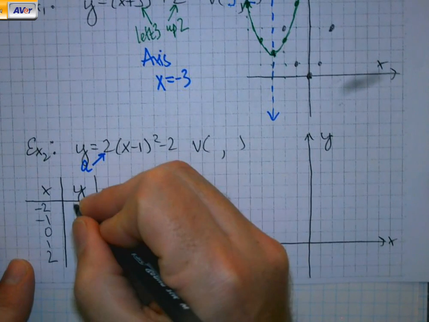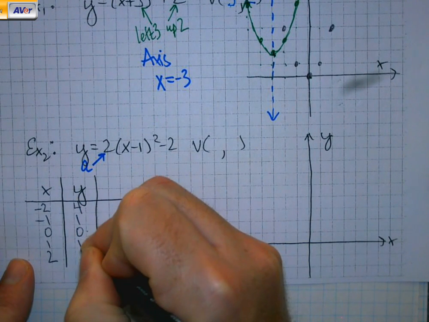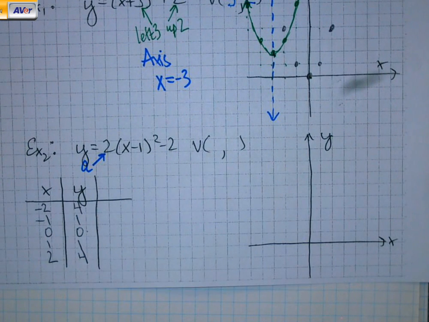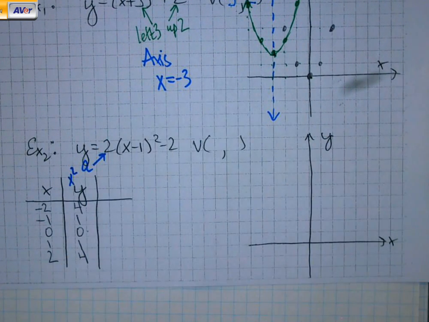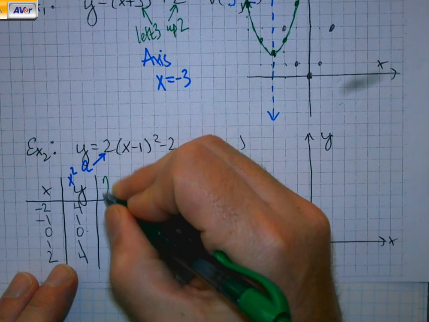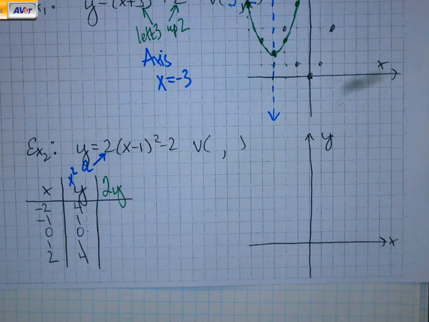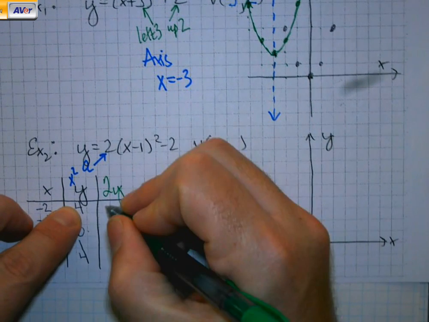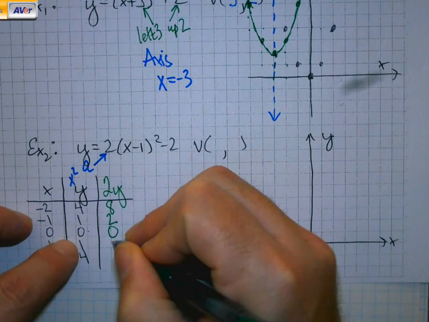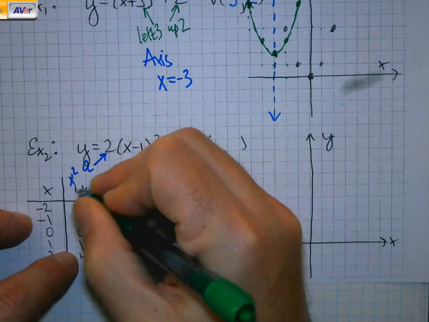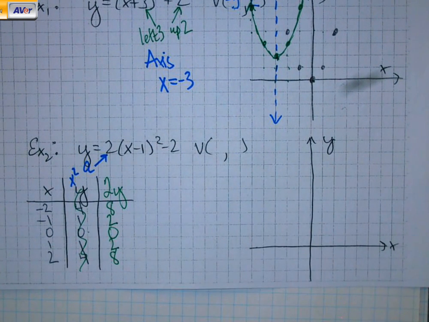My base numbers will always be the same, because this is really just x squared. But if there's an a value, what we used to do before is we would multiply all the y values by that number, in this case 2. So we're going to multiply the 4, the 1, the 0, the 1, and the 4 by 2.